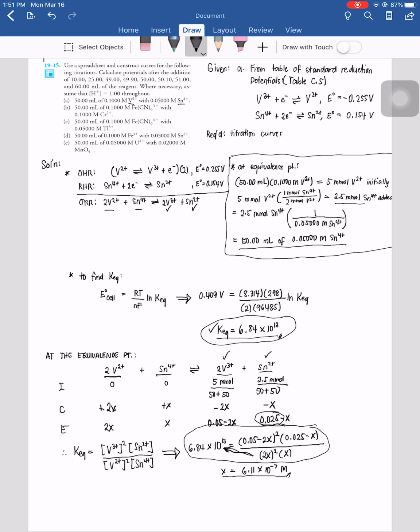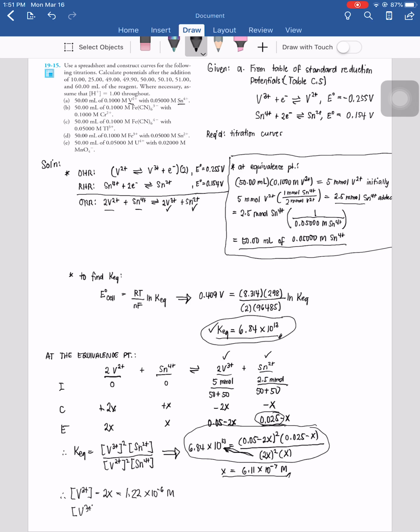And so with that already computed, we now know that the concentration of our vanadium-2 at equilibrium is 2x. Or that is now 2 times 6.11 times 10 to the negative 7, 1.22 times 10 to the negative 6.